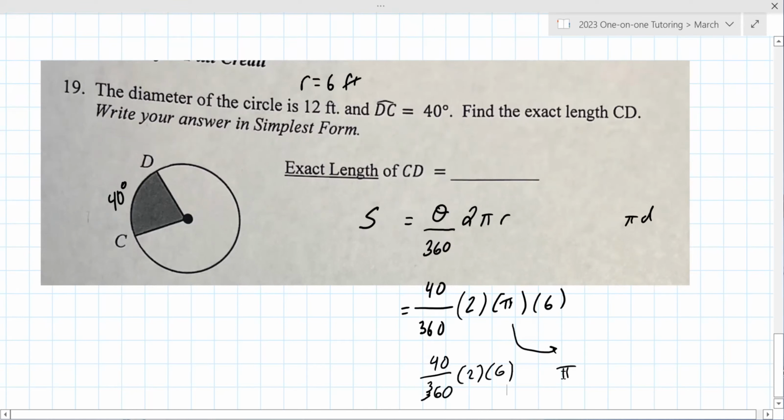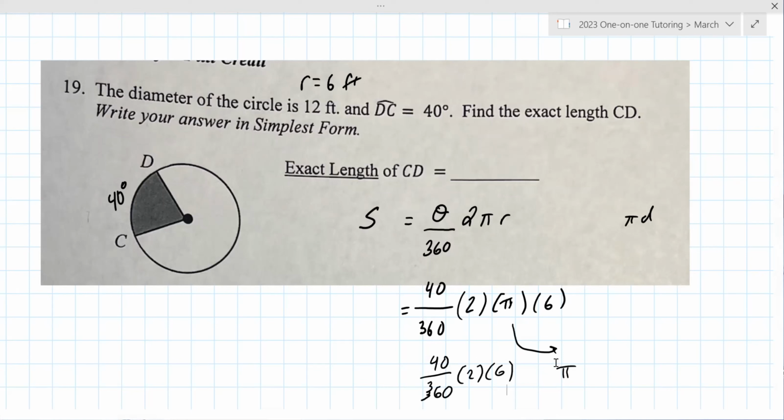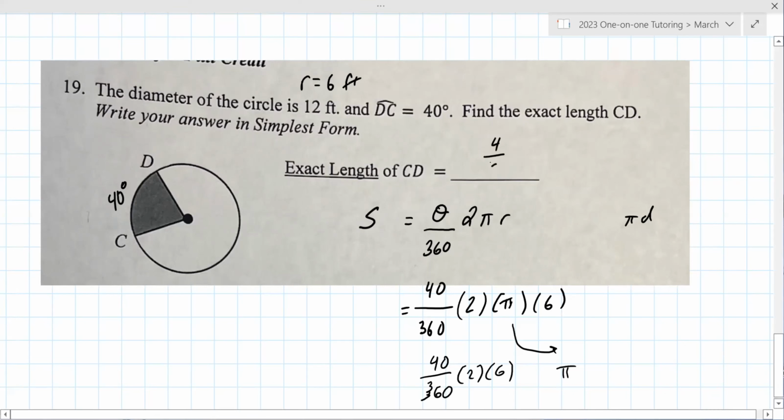And your answer will just contain a pi in it. It's like 1.3 pi. So 4 thirds pi.